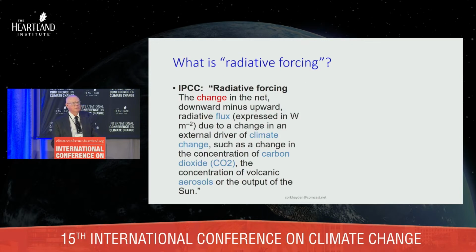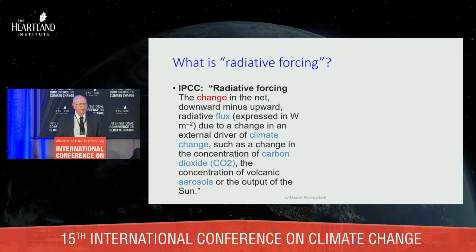Now this is copied verbatim from the IPCC. Radiative forcing is the change, and I emphasize change, in the net downward minus upward radiative flux expressed in watts per square meter due to a change in an external driver of climate change, such as a change in the concentration of carbon dioxide.